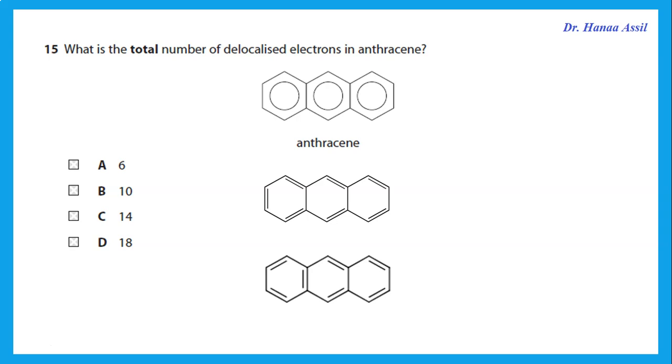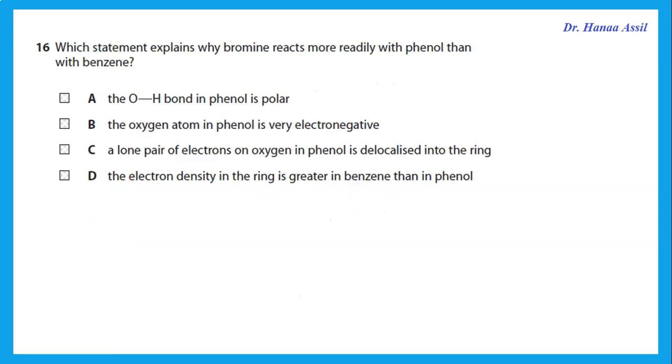You should remember that each of these double bonds has 2 delocalized electrons in it. So the total number of delocalized electrons will be 2 times the number of double bonds, which is 7 double bonds. So 2 times that is 14.